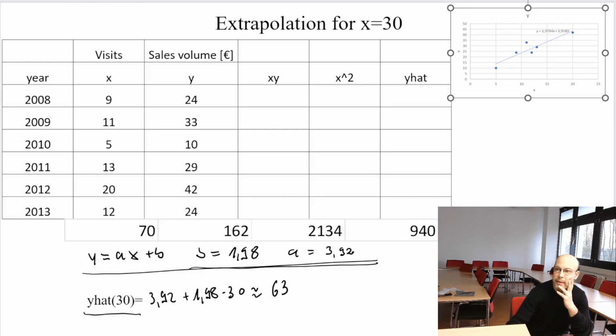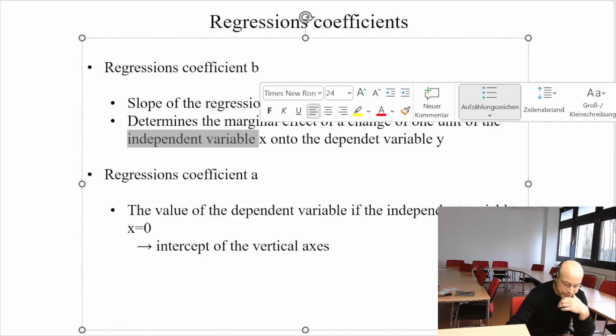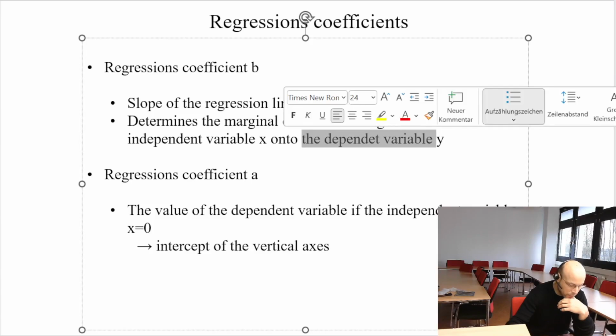Then highly connected with the linear regression are these regression coefficients, which we can interpret as the dependence between the independent variable x and the dependent variable y.